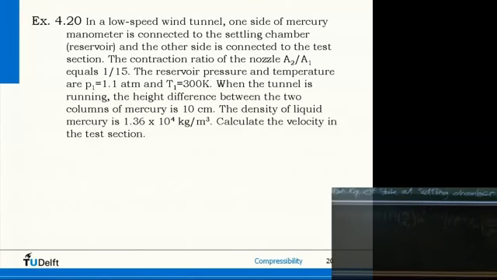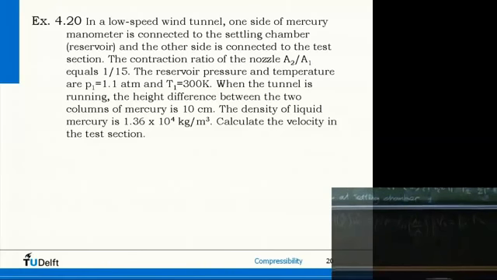Yeah? And that simple. So V2 is equal to the square root of P1 minus P2, divided by a half rho, so dividing by rho times 2, and then we have here 1 minus A2 squared over A1 squared.